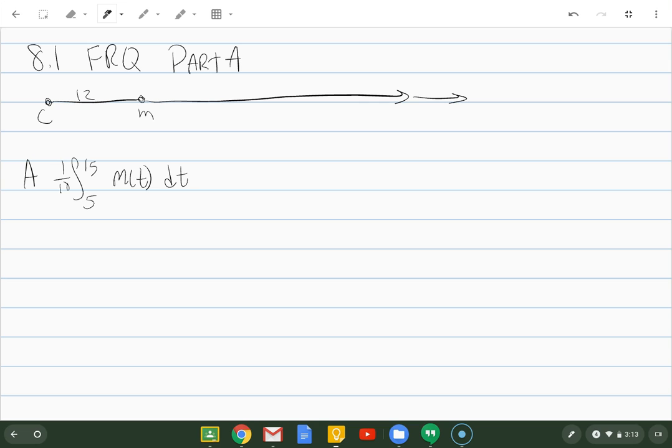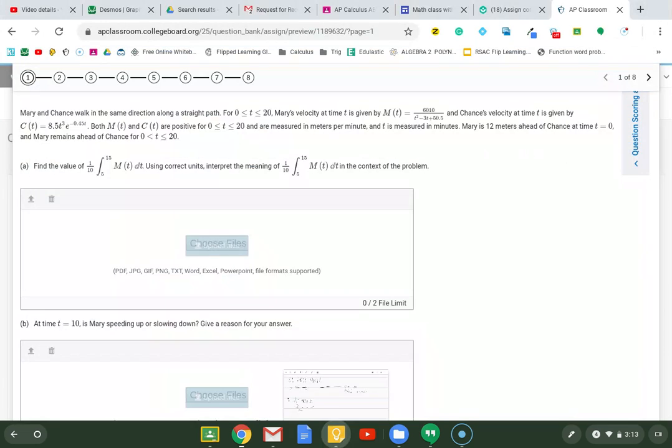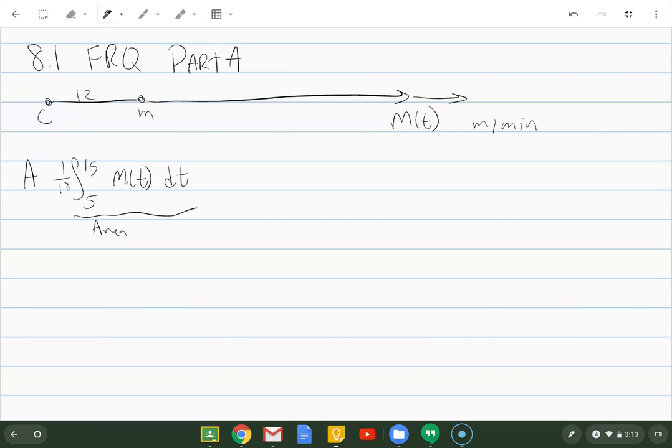Okay, so remember from the notes we had said, this whole thing is going to give us the area under the curve. And we also know that m of t, the units are in meters per minute, right? Meters per minute. So that means the integral units are in just meters.